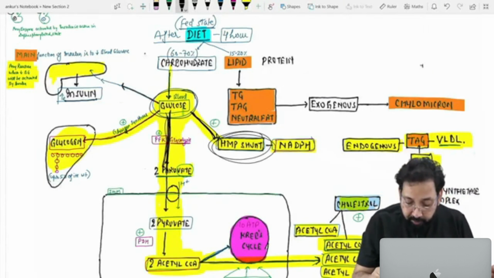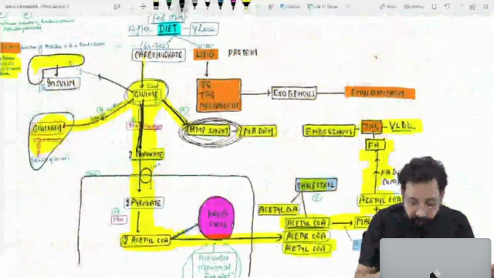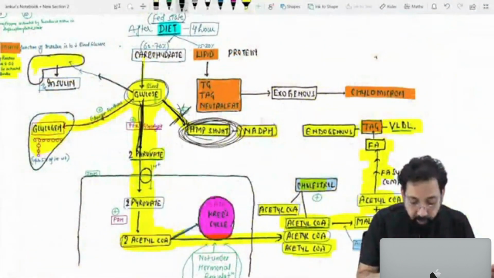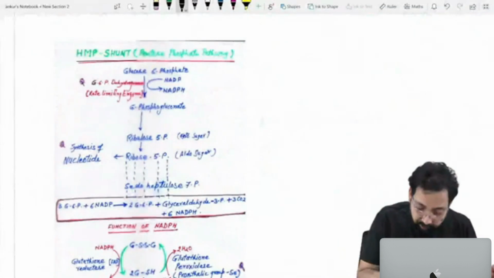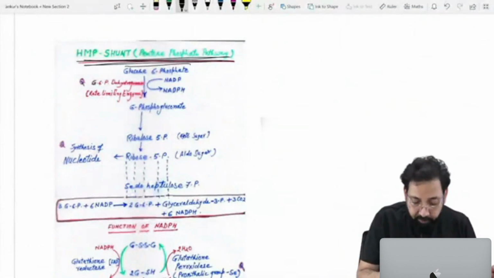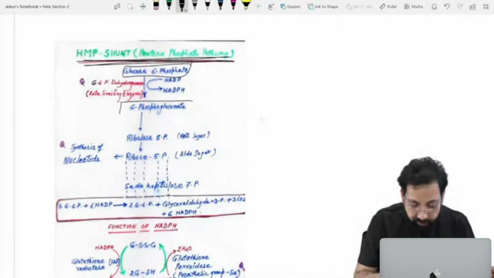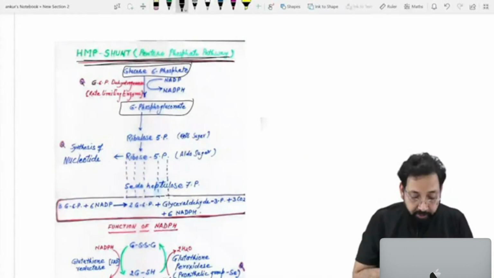Glucose 6 phosphate dehydrogenase is the enzyme of the HMP shunt. I will discuss the HMP shunt shortly. In the HMP shunt, the pentose phosphate pathway, glucose 6 phosphate is converted to 6 phosphogluconate by glucose 6 phosphate dehydrogenase.